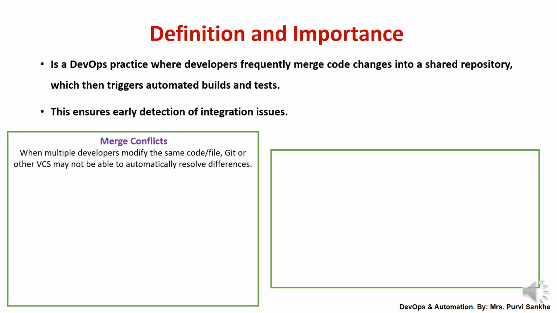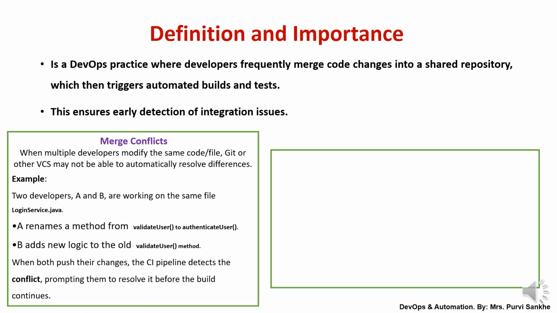Integration issues can be merge conflicts, when multiple developers modify the same code or file, which Git or other version control systems may not be able to automatically resolve. For example, we have two developers, A and B, working on the same file. A renames the method in the file LoginService.java from validateUser to authenticateUser, and B adds new logic to the validateUser method.